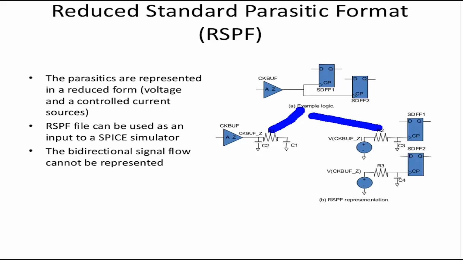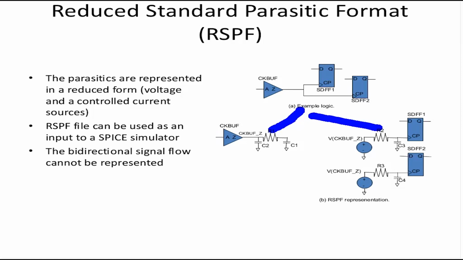And now at the receiver end, the driver will be reduced to a voltage source or a current controlled current source. This RSPF can also be used as an input to a SPICE simulator. There are some limitations here. One of the limitations written here is that bidirectional signal flow cannot be represented, and I am not sure if it has coupling capacitance. I don't think it has. So it doesn't have coupling capacitance, so you cannot do signal integrity or noise analysis using this RSPF.